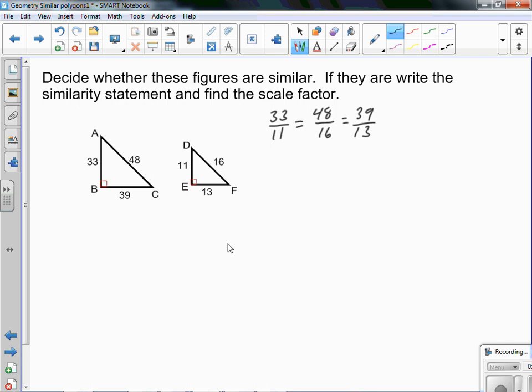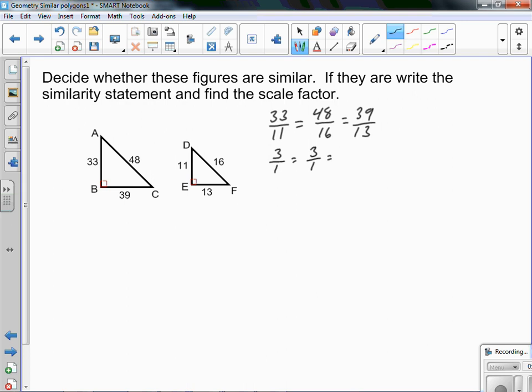And then we go to simplify those. 33 and 11. 11 is actually a factor of 33, so that'll go to 3 over 1. And we're going to leave them as a fraction because we want it to stay a ratio. And then 48 over 16. 16 actually divides evenly into 48 3 times, so 3 over 1.